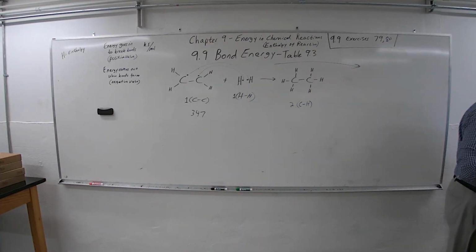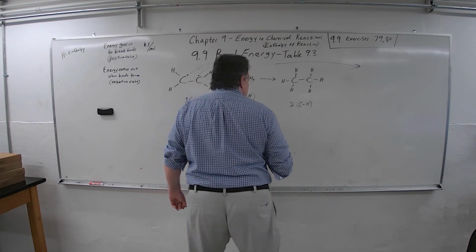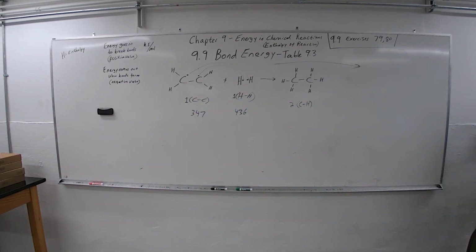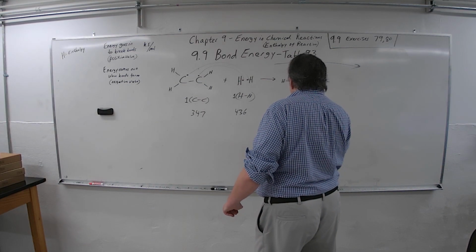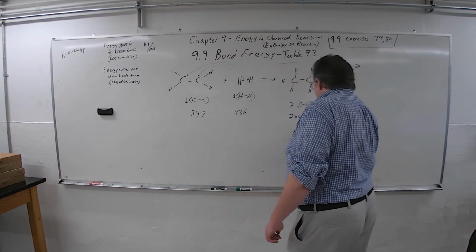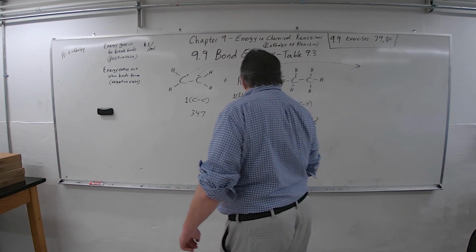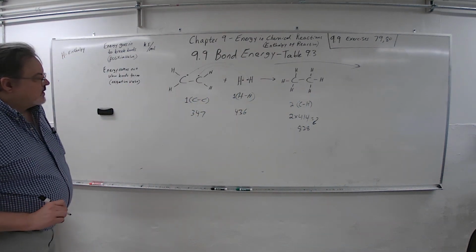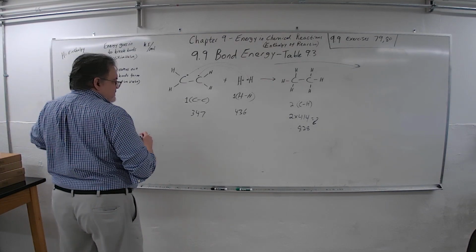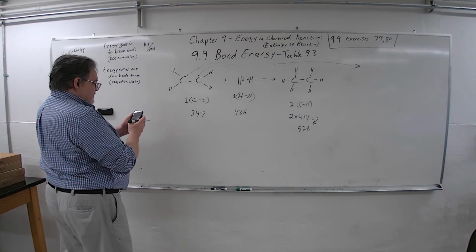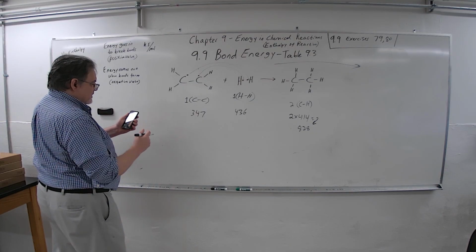H bond, there's one of them, that's 436. C2H bond is 415. So the total energy that's going in, 347 plus 436.